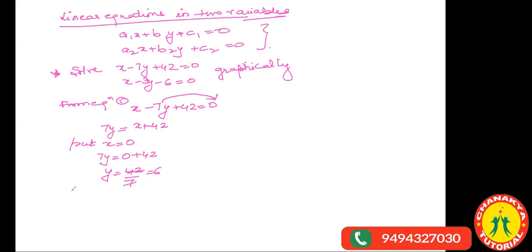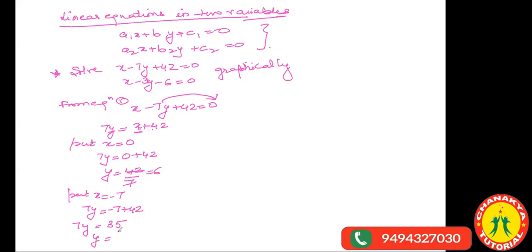Okay. So children, now we will put other values of x here. After putting those values, you will get a multiple of 7 only, right? Suppose I'm putting minus 7 here. So the value of 7y will be minus 7 plus 42. So 42 minus 7 will be 35.